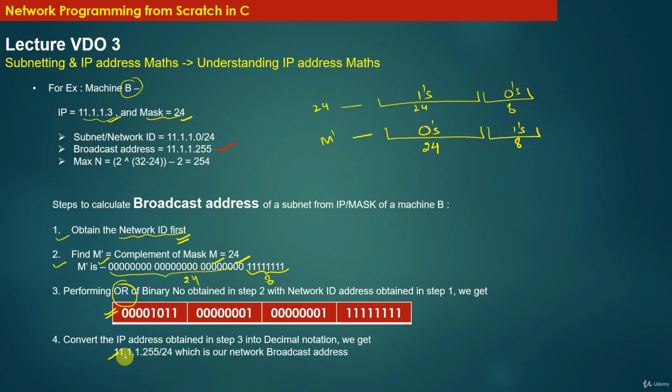You will get 11.1.1.255/24, which is actually the network broadcast address of our subnet. So this is also fairly simple. Just follow steps 1, 2, 3 and 4 to obtain the broadcast address of a given subnet.